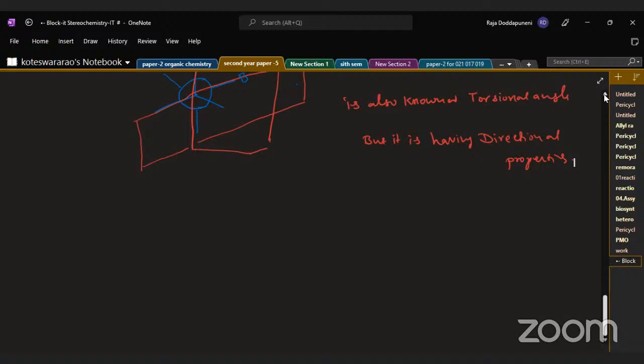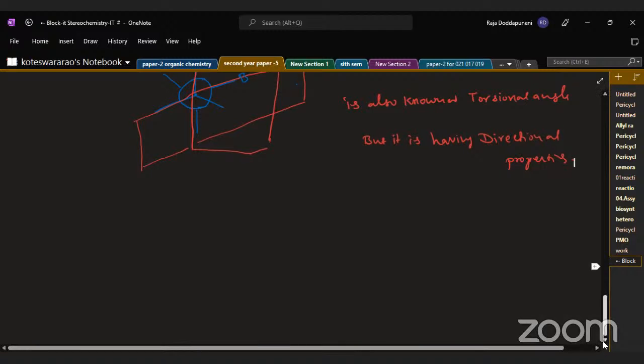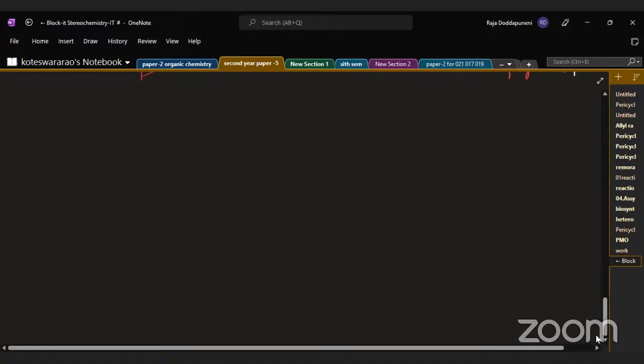For example, the same molecule is representing various conformations in the form of Newman projection formula. Suppose this is the molecule which we have taken in general for the example. Now it is presented in Newman projection formula: a circle, there is a rear carbon and its circle, right?